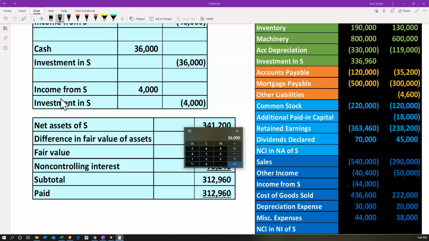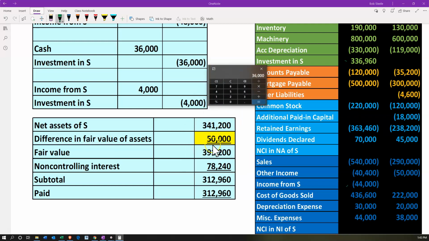We're making an adjustment for the change in the depreciation. This 50,000 was a depreciable asset with a 10-year life. So 50,000 divided by 10 is a 5,000 adjustment, times our 80% interest, 4,000. So there's the 4,000 here.